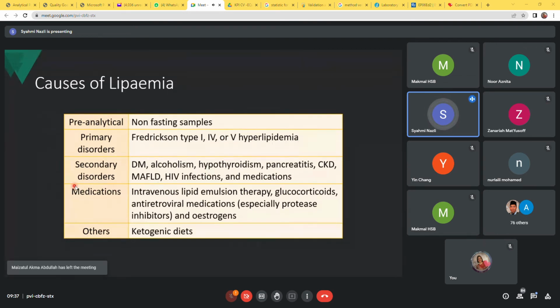There are also secondary disorders like diabetes mellitus, alcoholism, hypothyroidism, acute pancreatitis, chronic kidney disease, MAFLD, the metabolic syndrome associated fatty liver disease, HIV infections, and some medications like intravenous lipid emulsion therapy, the TPN, glucocorticoids, antiretroviral medications, and also estrogens. There are also some reported cases of other causes like ketogenic diets, the low carb and high fat diet, which can lead to lipemic samples.